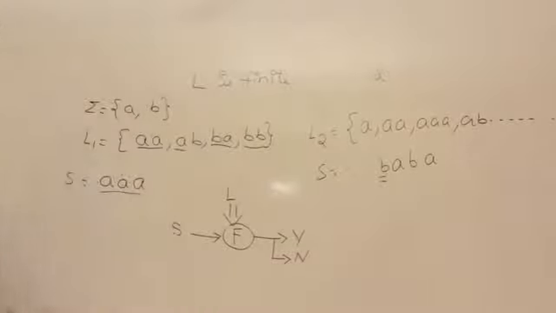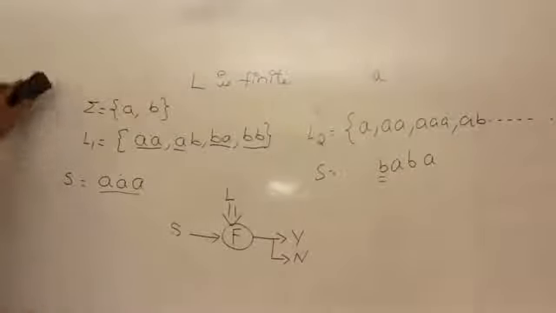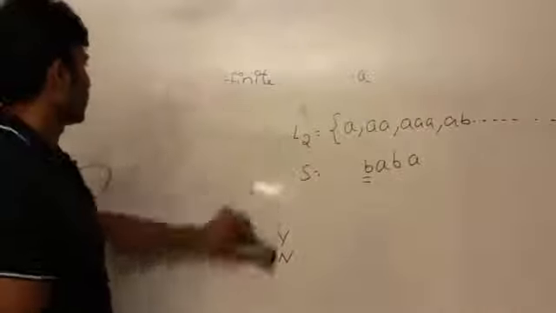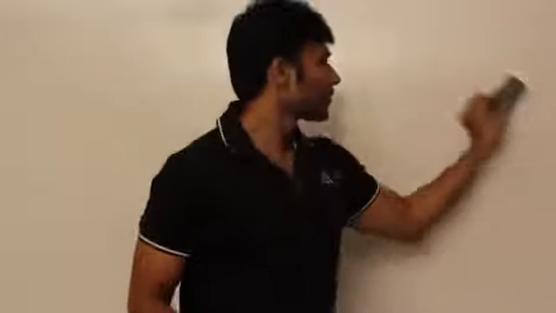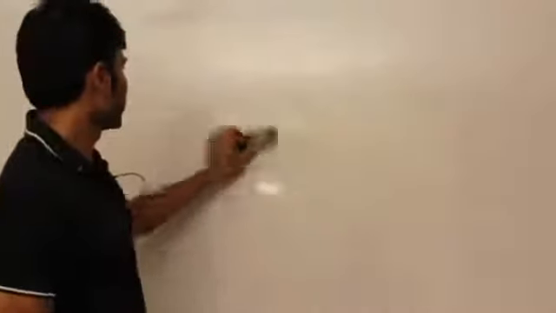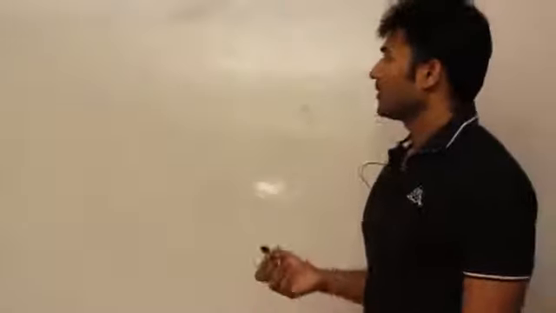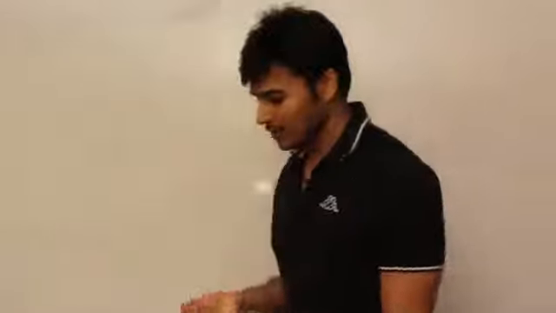So I'm going to erase this. You can make a note of it. The finite representation is the simplest or the smallest machine. It is also called a machine.